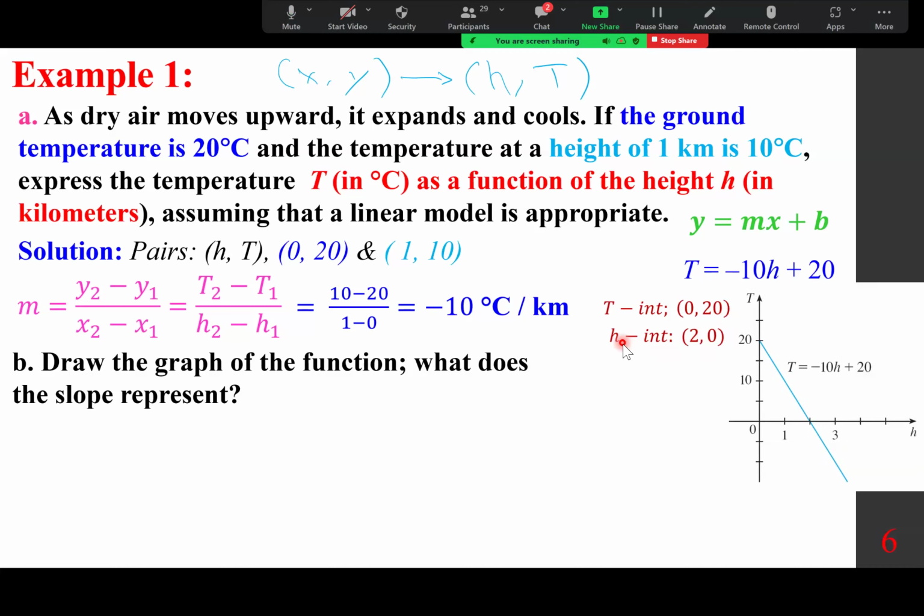Please understand the scales can be different. The scale along the h and t, they don't have to be the same. So t is minus 10h plus 20. And the reason this doesn't continue is that on this side, we are dealing with a negative height. So we can't. We are looking at ground zero and up.